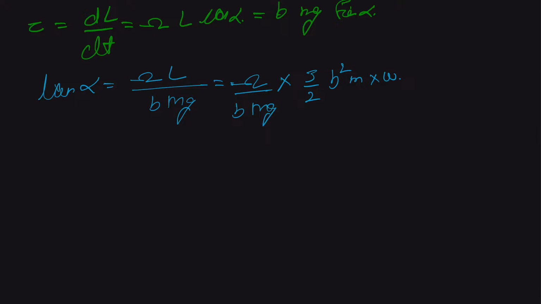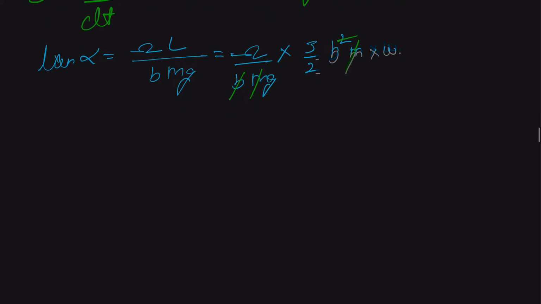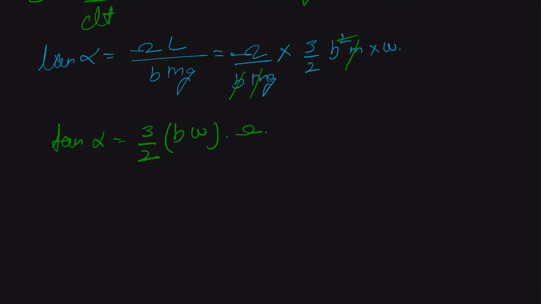And here b cancels with the square, m cancels with m, so we are left with tangent of alpha equal to 3 by 2 b times omega multiplied by omega.